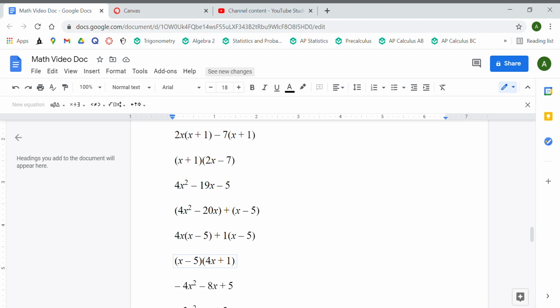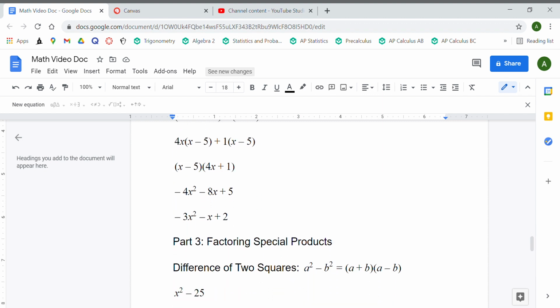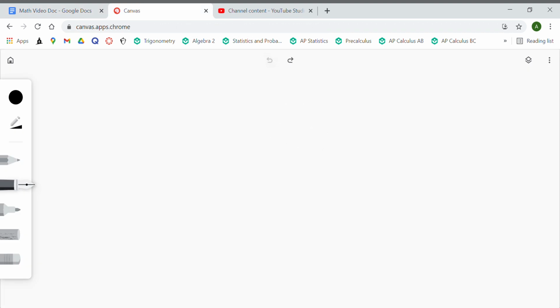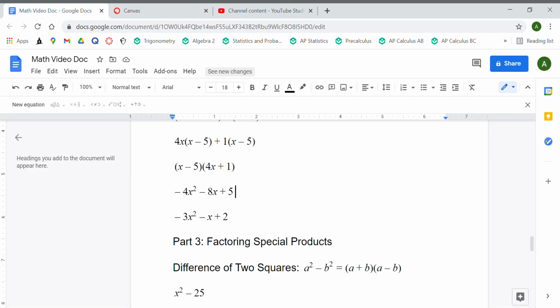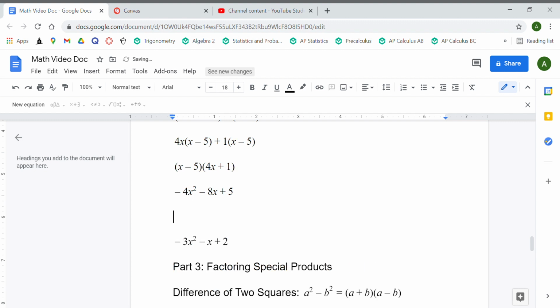Alright, now this one is going to get very tricky. Always pay attention to that leading coefficient. Notice that it is negative. So what do you do here? The way we do it is we actually have to take that negative out.